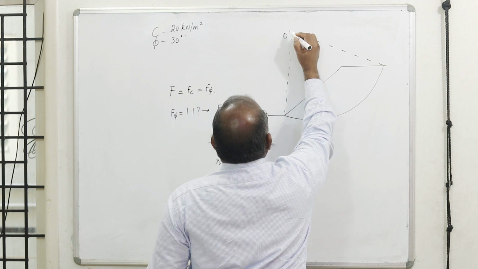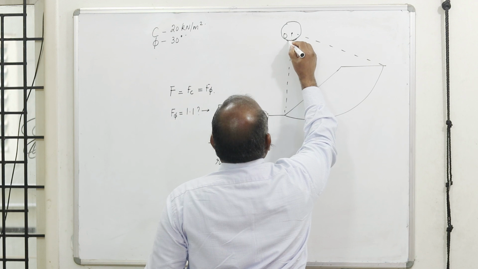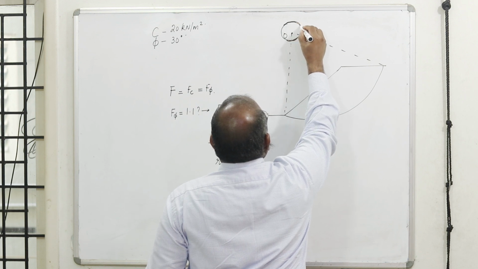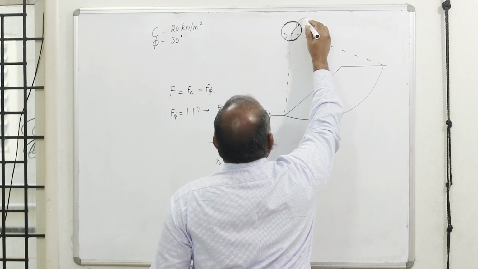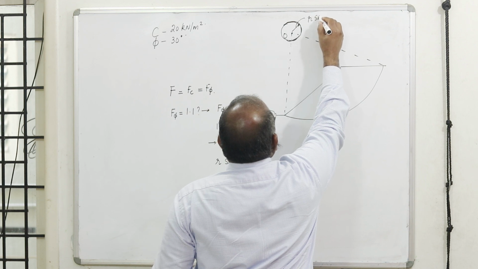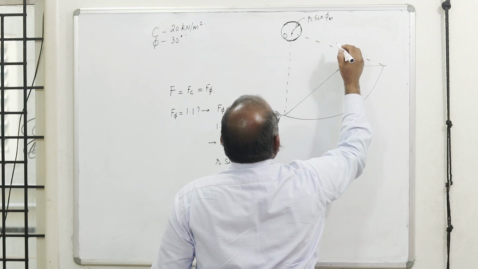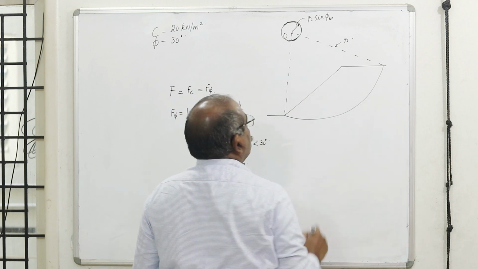From the center I draw a circle of radius r into sine phi m. This is r.